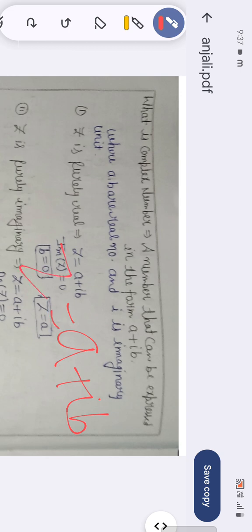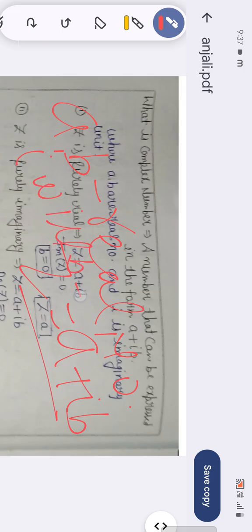Then z is equal to a plus iota b, where a and b are real numbers and iota is an imaginary number. Is it clear? A and b are real numbers and iota is an imaginary number.